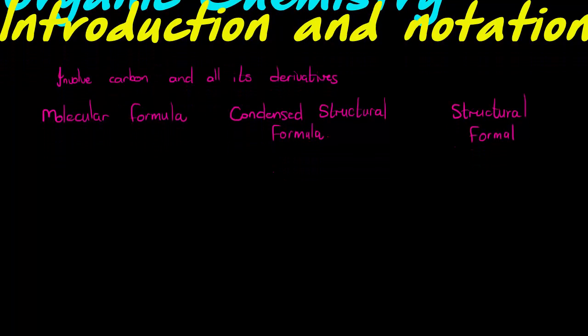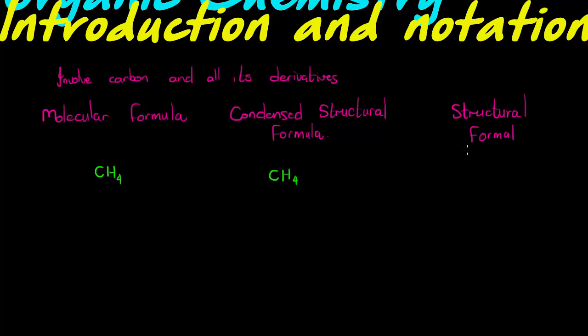So, for example, and don't worry so much about the names. I am going to mention some names, but it's not that important at this stage. We'll get to how we name things. This is an example of a molecular formula. It is called methane. Methane's condensed structural formula and its molecular formula are the same, because there's no simpler way of writing that.